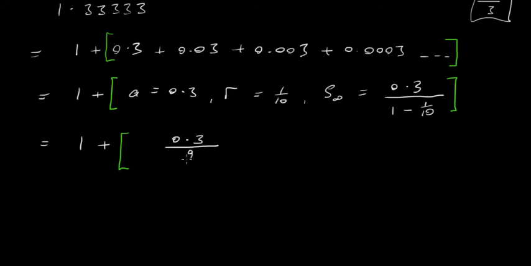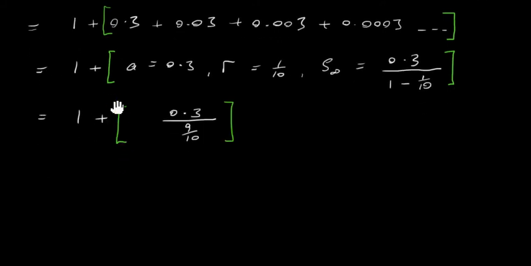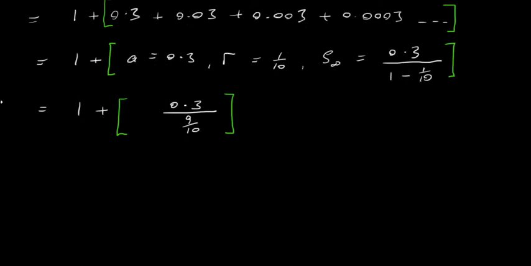So that's going to be 9/10. 0.3 over 9/10. So that's going to give us, let's see, I'll just draw that in there again. We'll move this up a little bit again. And this will give us 1 plus. Now flip this upside down and multiply again.